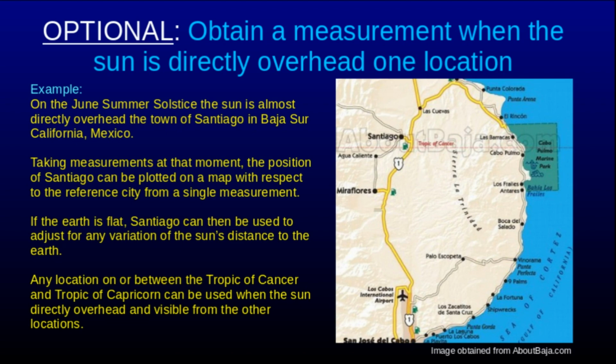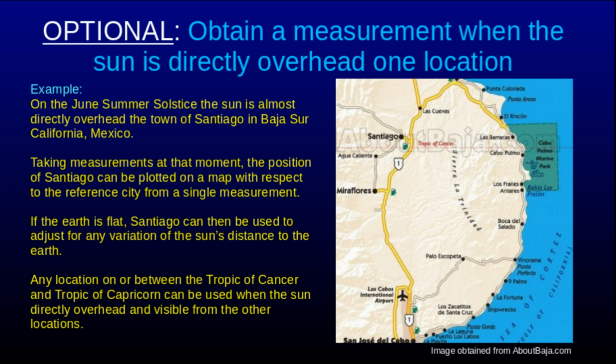And this involves finding a position or a location or a city on the Earth where the sun would be directly overhead at a specific time that you can also measure the sun from your own location. For example, the city of Santiago in Baja Sur, California, in Mexico, lies almost directly on the Tropic of Cancer. This means that on the June summer solstice, sometime during that day, the sun would be almost directly overhead the town of Santiago.